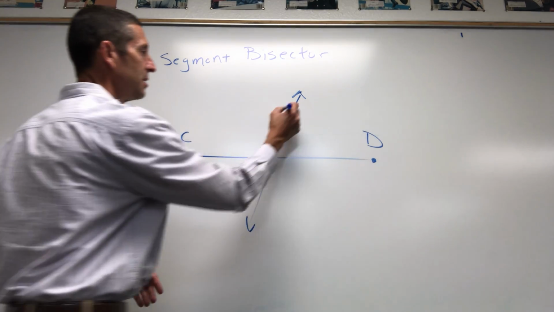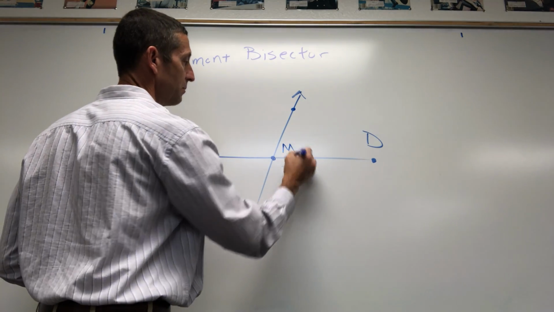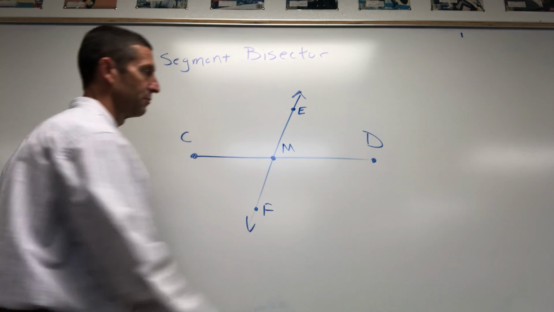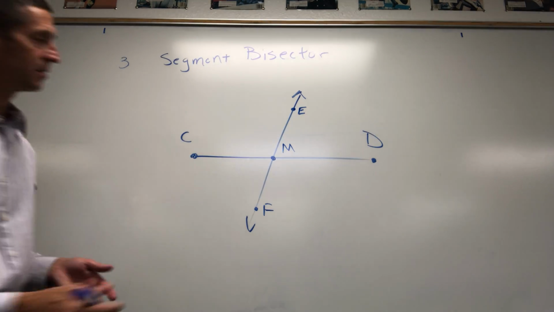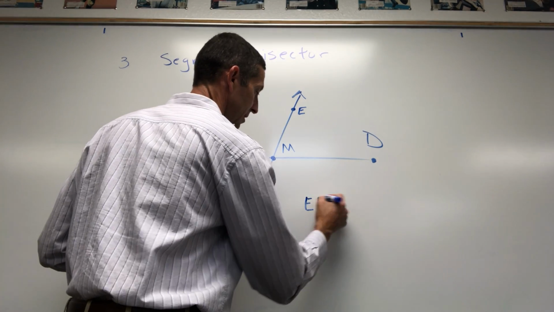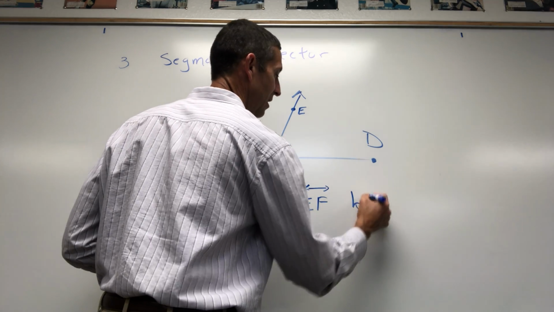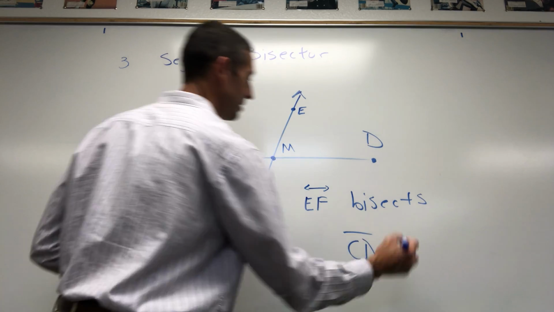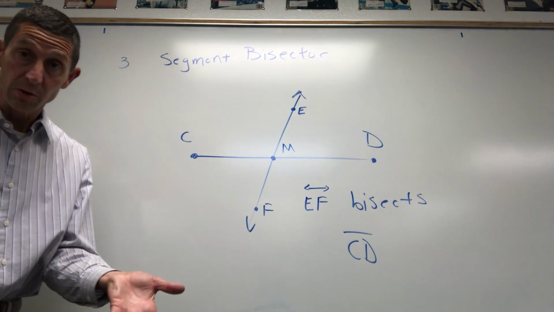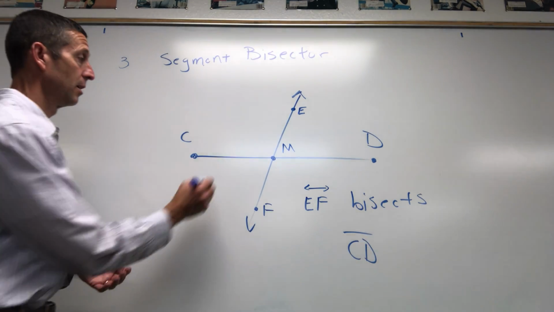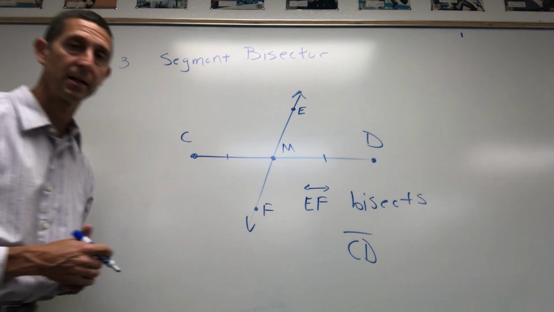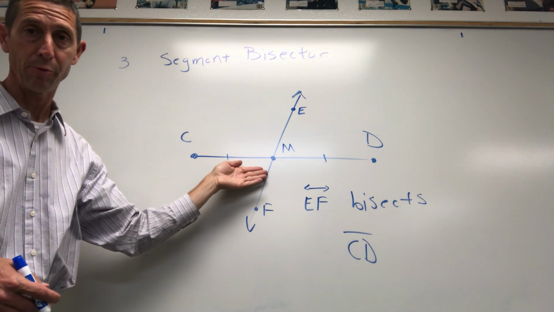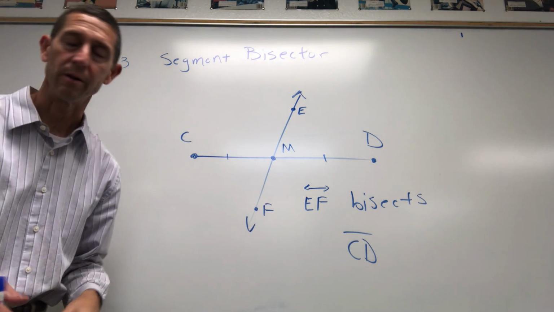So you'll see sometimes we'll put some letters. Let's still use M for the middle, but how about we've got EF? EF bisects segment CD. So again, M is your dead center, M is your midpoint, and this and that are the exact same length. So they call it a segment bisector. It indicates the midpoint and cuts it right into two equal parts.